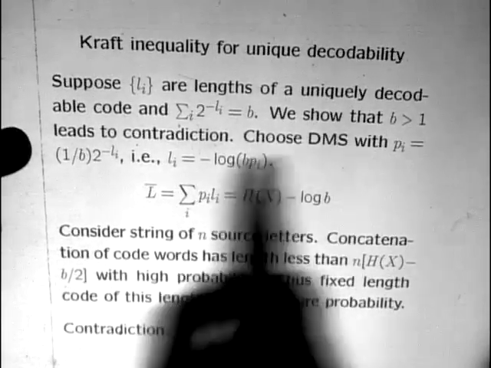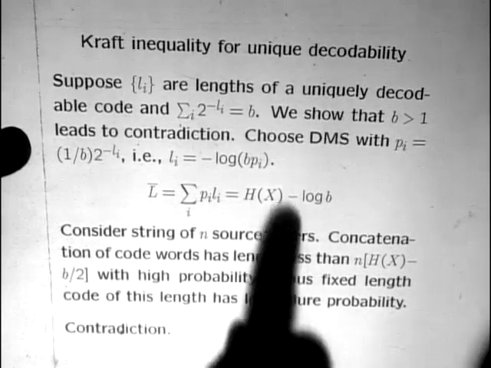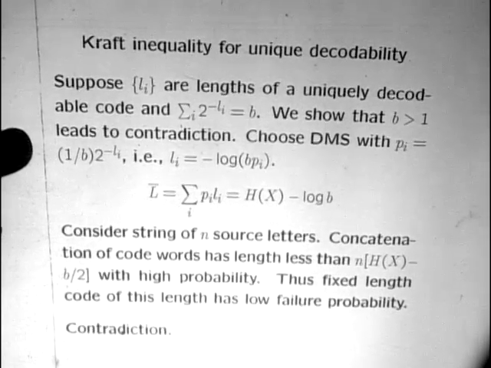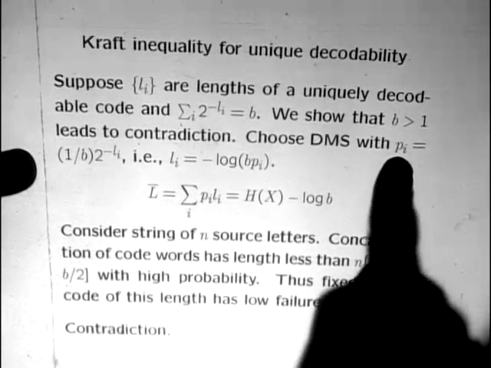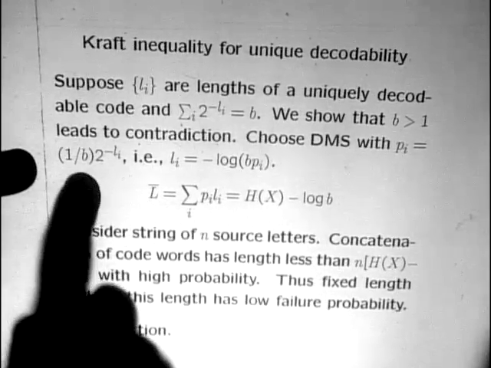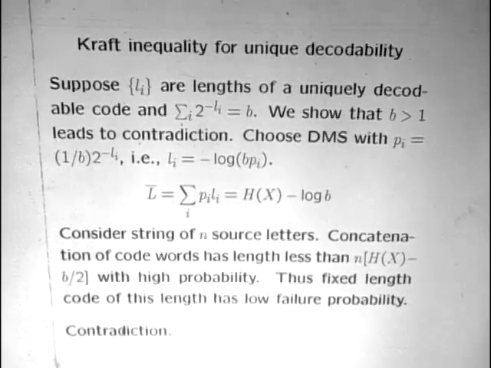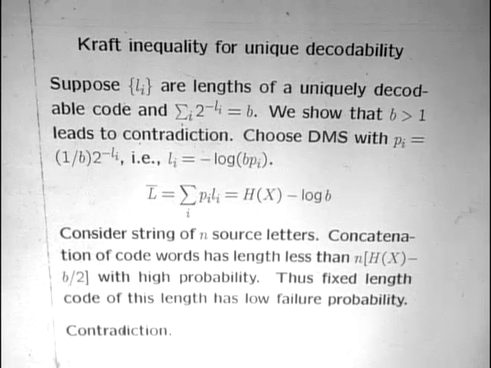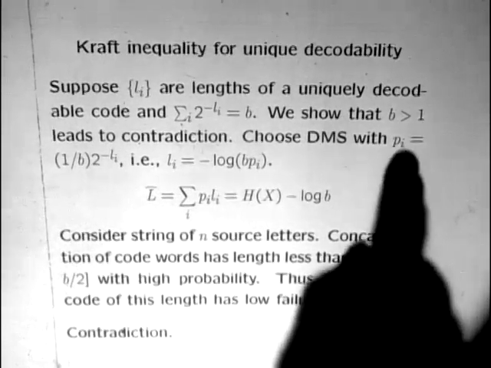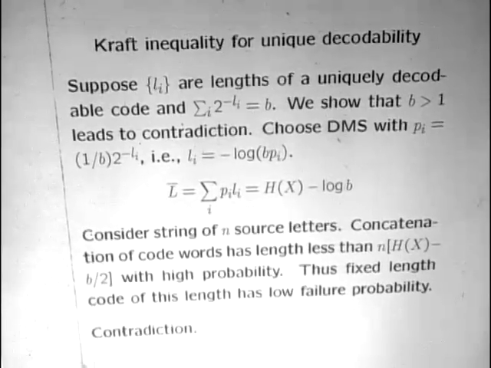Okay, so what I want to do is to get a contradiction. I'm going to choose a discrete memoryless source, and I'm going to make the probabilities equal to 1 over b times 2 to the minus l_i. Okay, in other words, I can generate a discrete memoryless source for talking about it with any probabilities I want to give it. So I'm going to generate one with these probabilities.